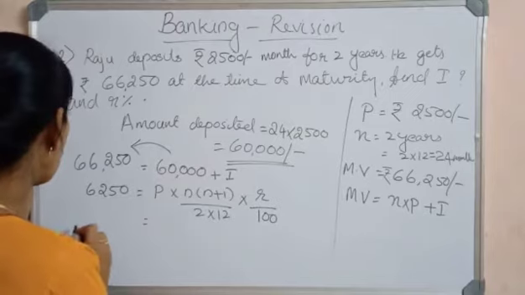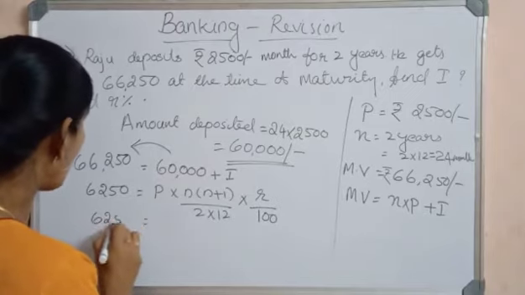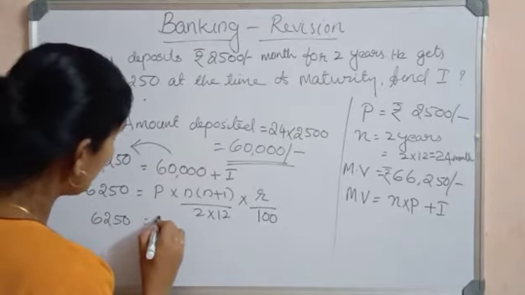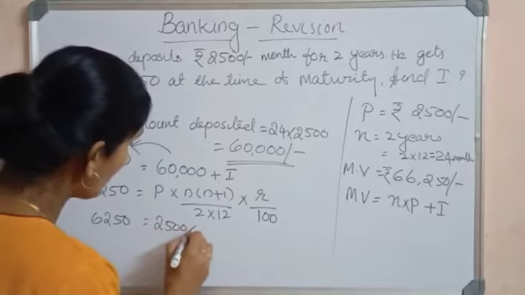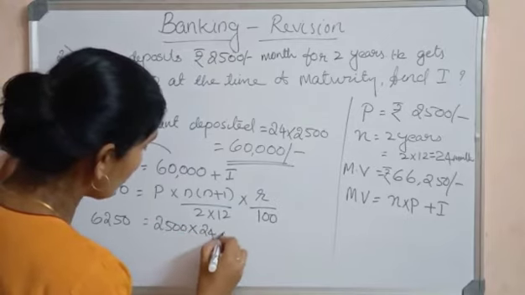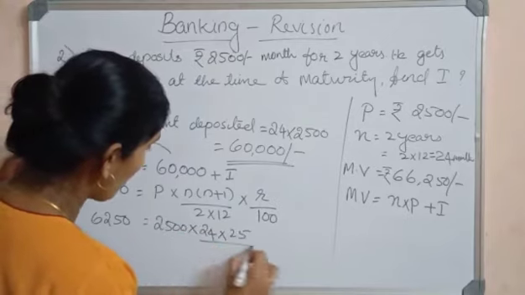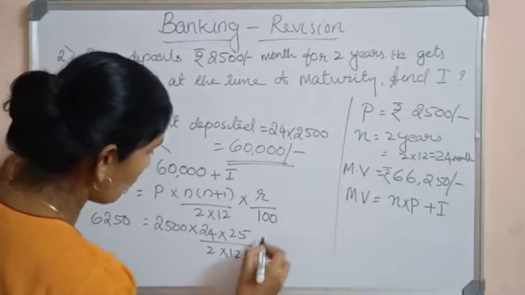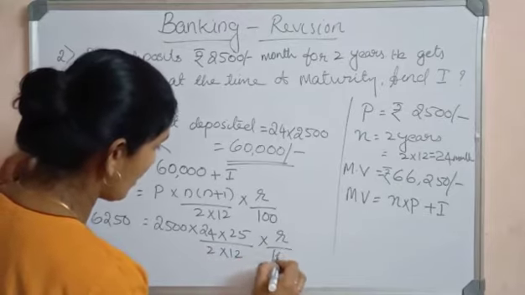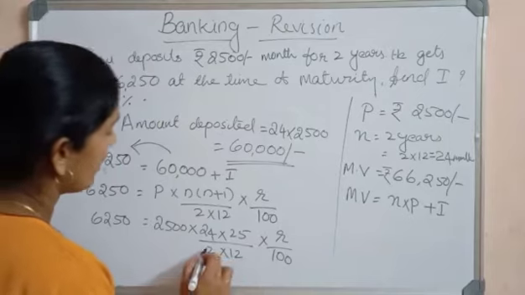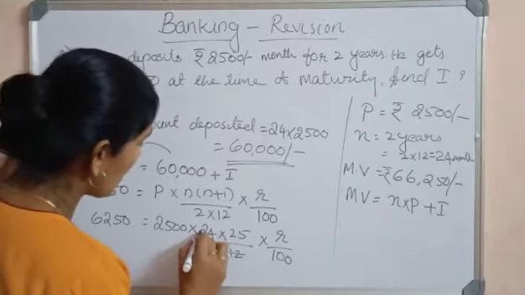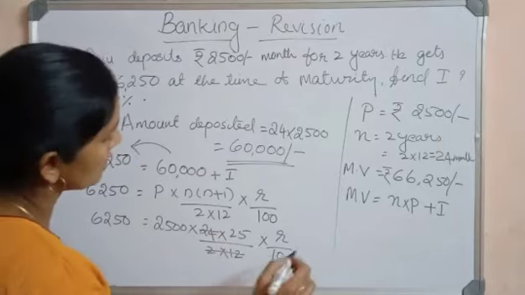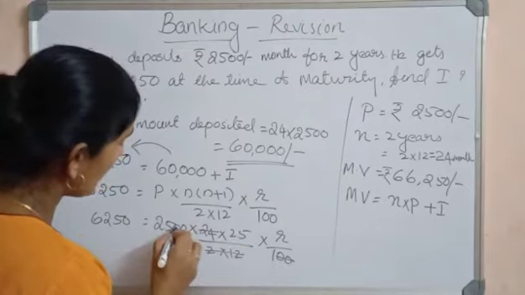We get this as 6,250 is equal to P is 2,500 into 24 into 25 by 2 into 12 into R by 100. So when we cancel, 12 twos are 24 as well as this 24 get cancels. Hundreds, two zeros, and here.